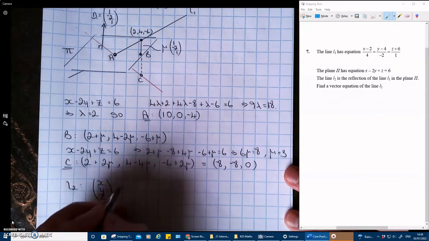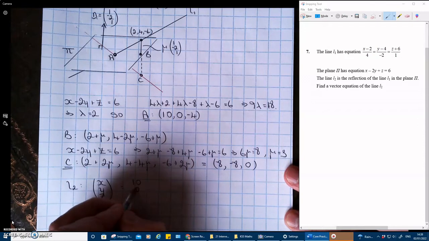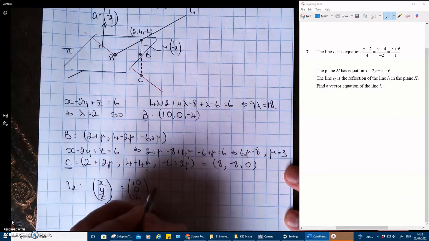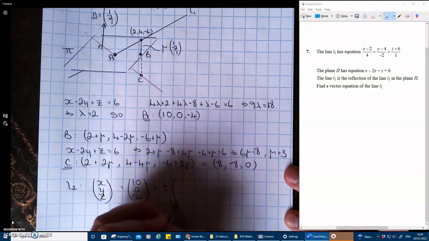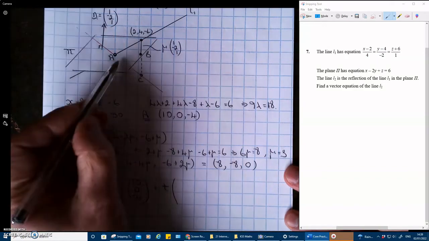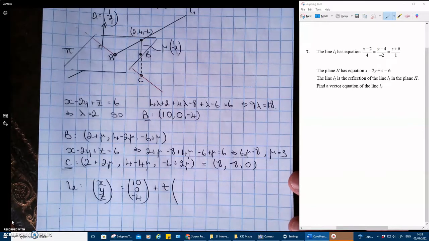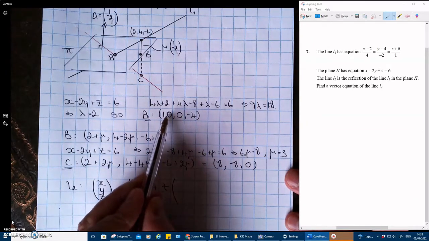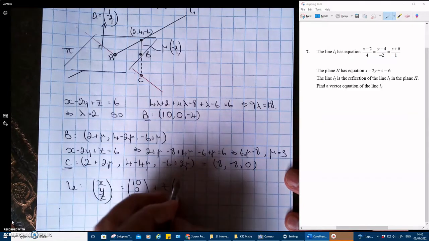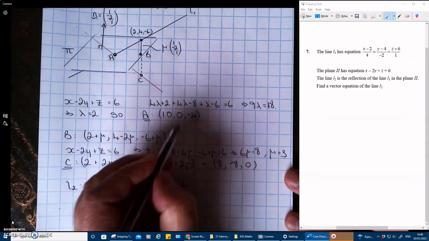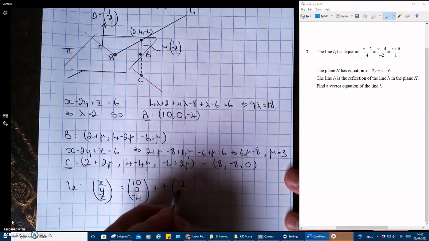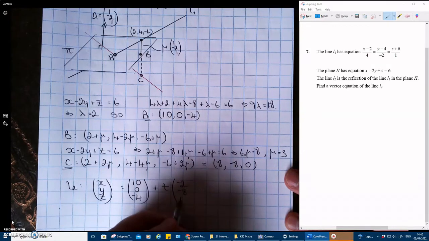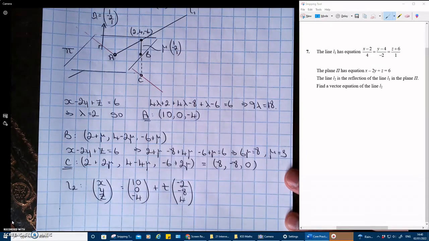I'll go for A, which is 10, 0, minus 4, plus some multiple of the vector joining them. So how do I get from A to C? I'll go from A to C, doesn't matter. So from A to C, I go from 10 to 8, so it's minus 2. From 0 to minus 8 is minus 8. And from minus 4 to 0 is 4.